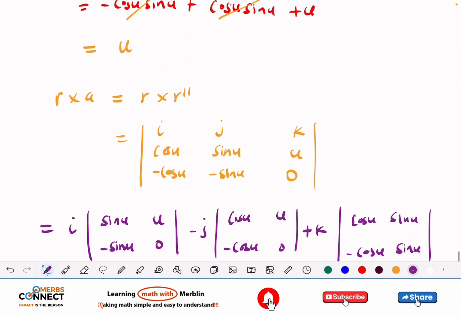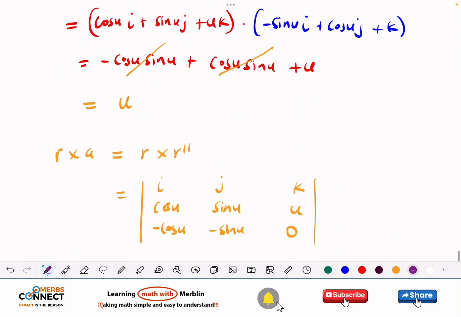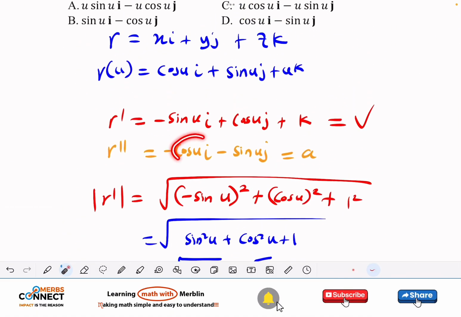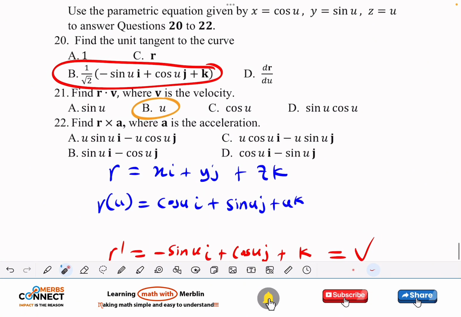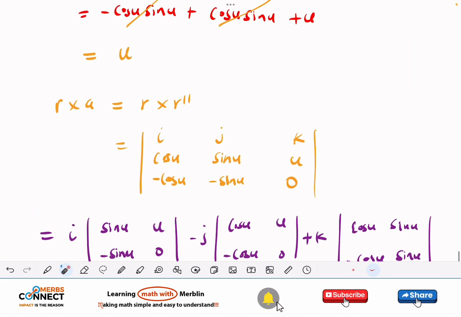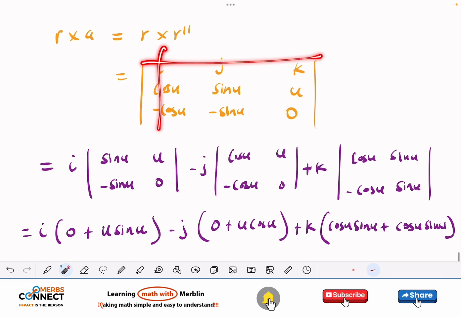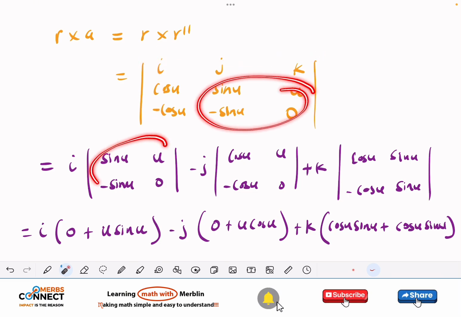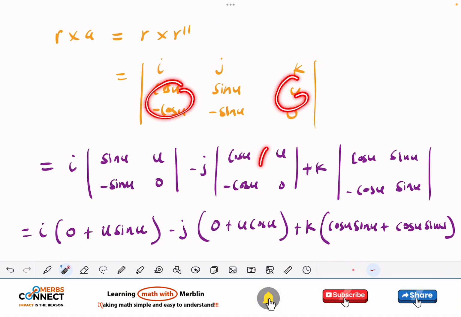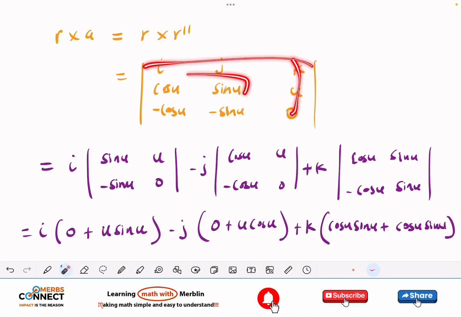Let me see if I arrange this one right. So I have r prime prime. What did I get for r prime prime? Minus minus, right? That's the acceleration. We are looking for r cross. So this is r. So cos, and then everything is minus minus 0. So cancel this. We have this one here, which is right. Cancel this, and we have this and this here. Cancel this, and we have this, guys.